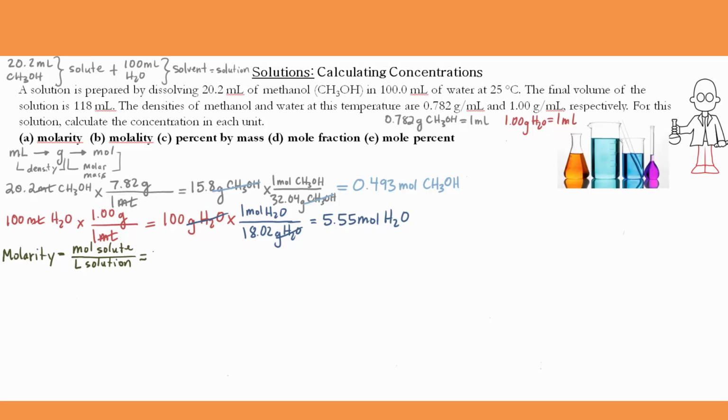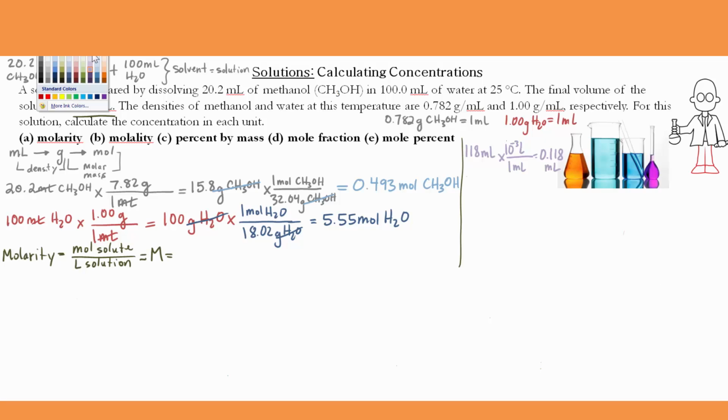So that is equal to the unit M. So on the side over here, you notice that it gave us the total volume of the solution to be 118 milliliters. So we need to change milliliters to liters. In 1 milliliter, we have 10 to the minus 3 liters, and that's equal to 0.118 liters.